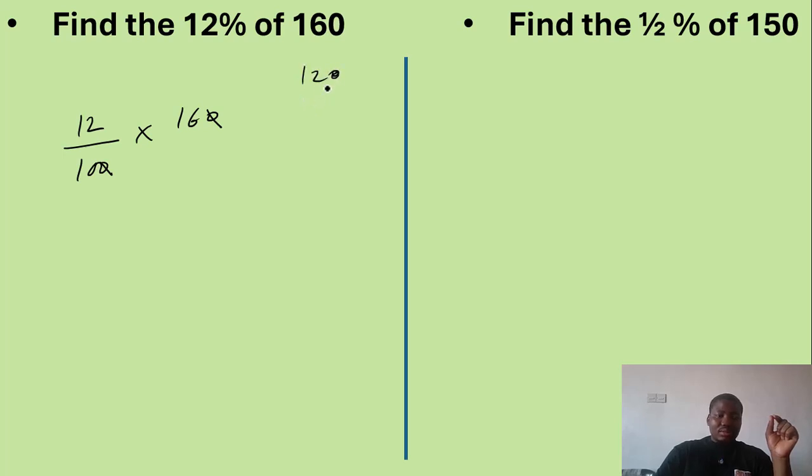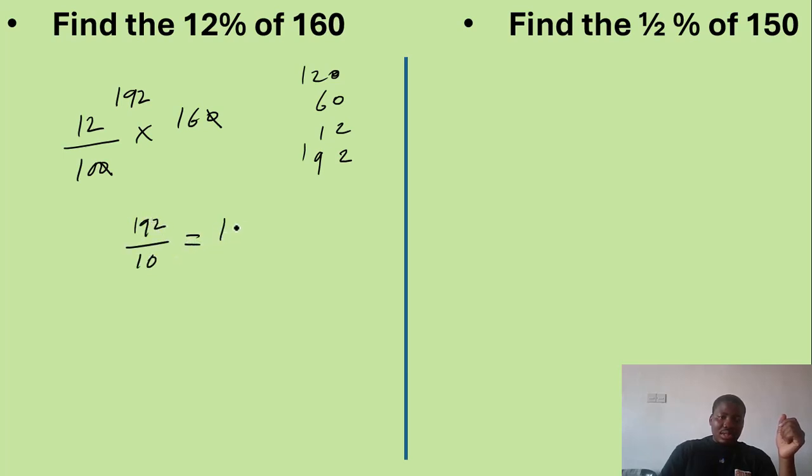Then 12 times 6, so let's say 12 times 5, that's 60, then 12 itself. When you add all of this together, you have 12 times 16, which is 2 here, 9 here, 1 here, so 192. So you have 192 over 10. So 192 over 10 equals 19.2. So that will be the final answer.